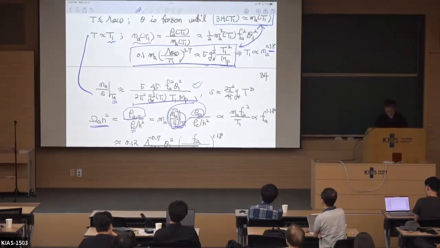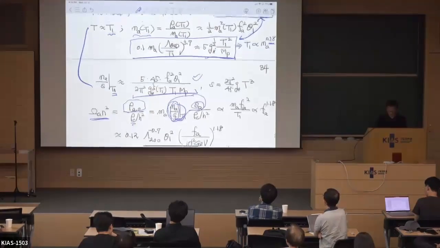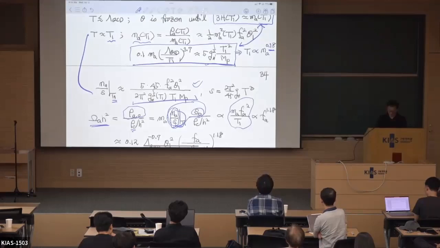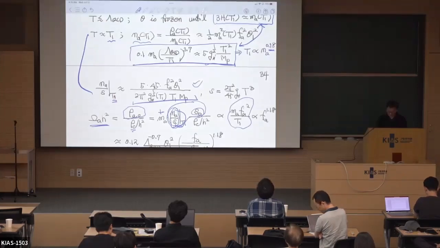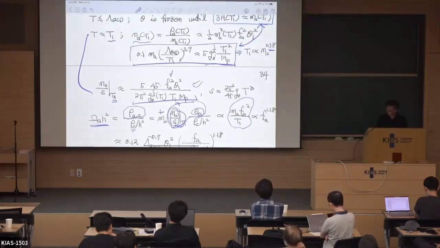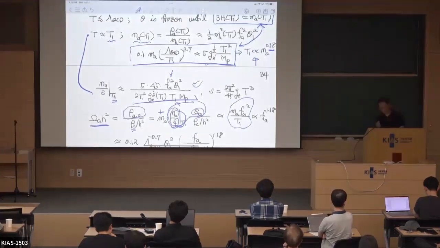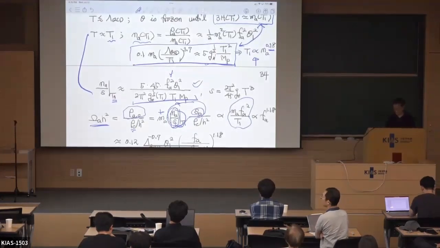So, okay, you do all the calculation, and roughly from this we already have this kind of behavior. So this whole quantity is proportional to the mass itself coming from this, and then f_a squared coming from somewhere, and then 1 over T1 coming from this, and then m_a T1 you determine from this, and m_a is proportional to 1 over f_a.